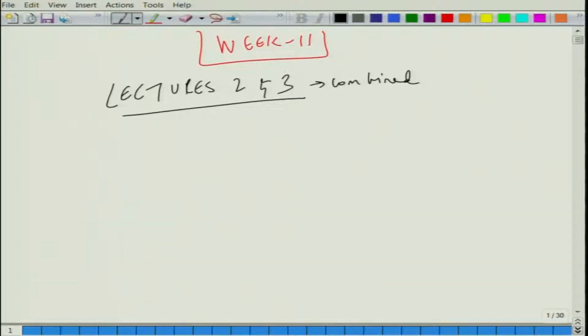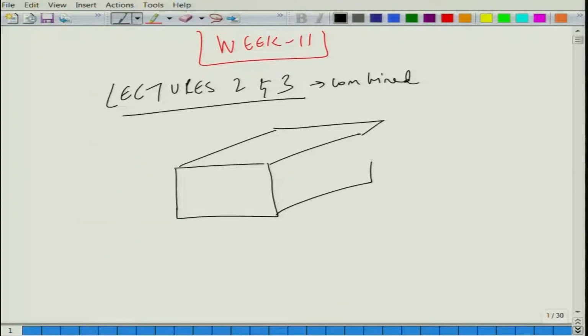So, let us start with your basic equations that govern wave propagation. For simplicity, we will consider a Cartesian coordinate system, something like this. Okay. So, now we have this. So, what exactly are we going to do?